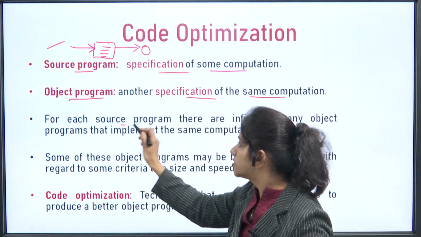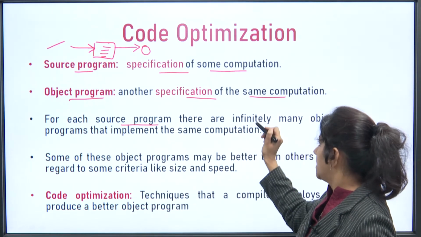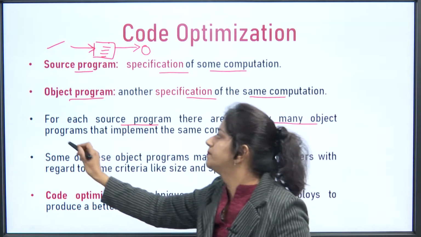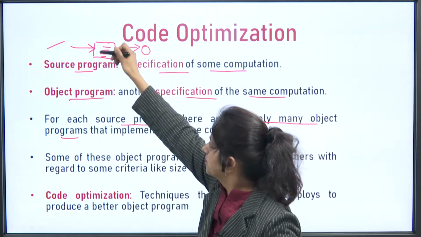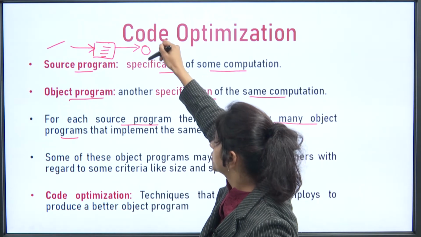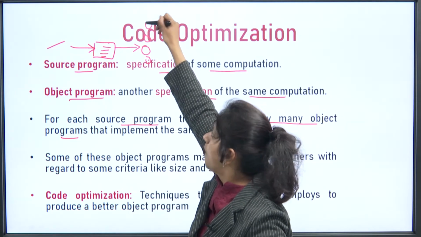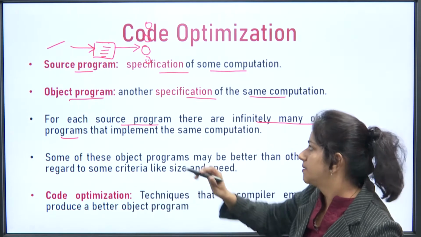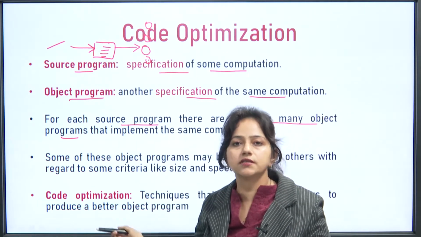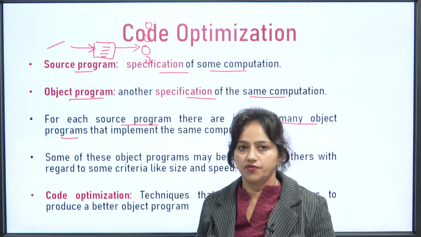Now, for each source program there can be infinitely many object programs. It depends on what type of transformations have taken place.